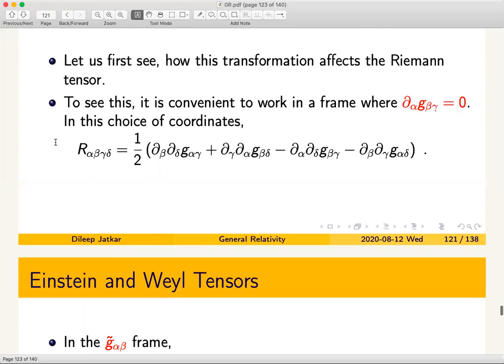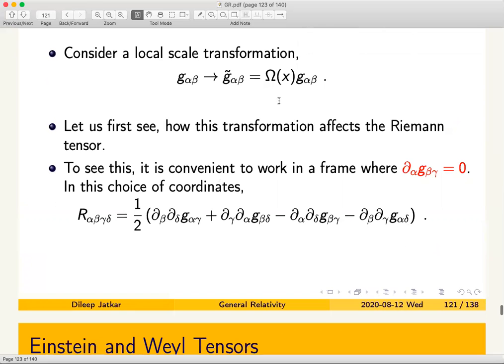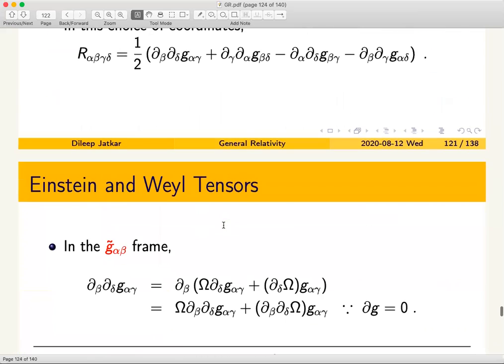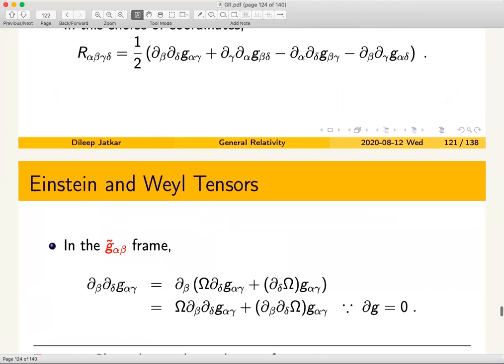So you write down R tilde as all these derivatives acting on G tilde everywhere, and then you write down G tilde as omega times G, plug it in, and that is the computation that we have done here, modulo the typo on the left hand side, that should have been G tilde. Once you do that, you realize that a double derivative can be written as two terms, either double derivative acting on G or on omega.